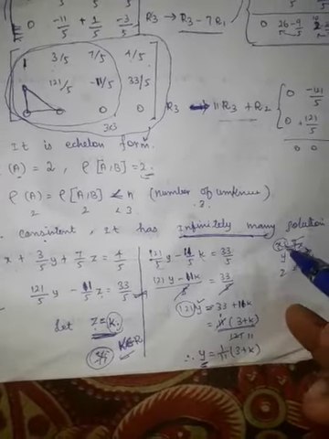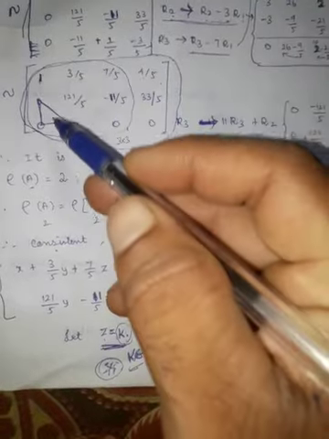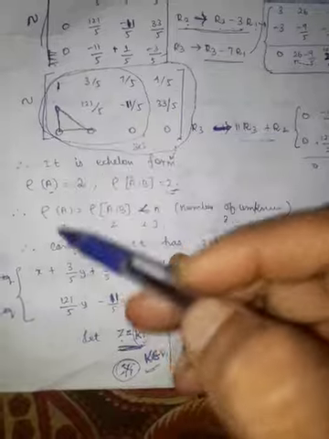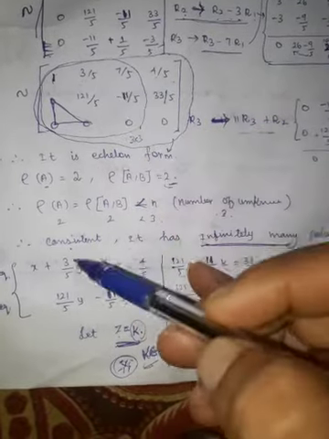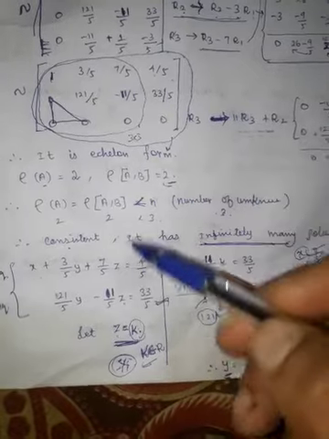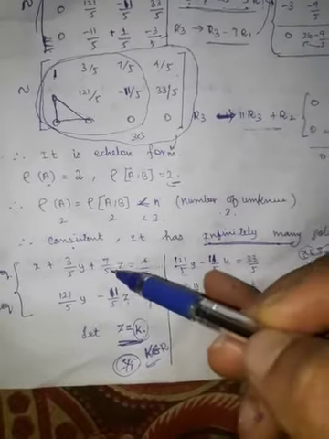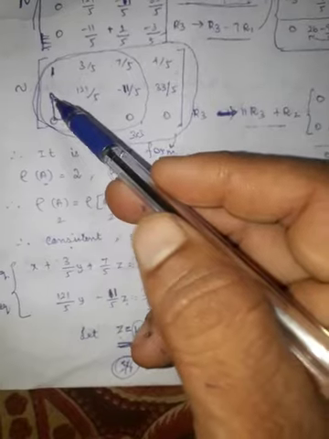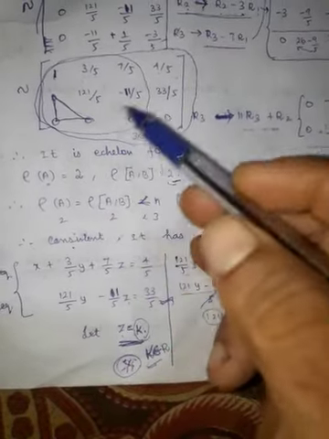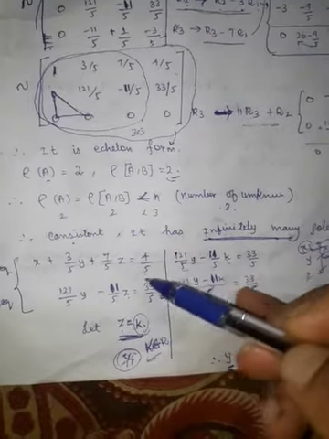So here see the last step, the echelon form step. Substitute x, y, z: x plus 3 by 5 y plus 7 by 5 z equal to 4 by 5. Form an equation from the echelon form. The second row, this place 0x, so don't write here, but this one 121y minus 11 by 5 z equal to 33 by 5.